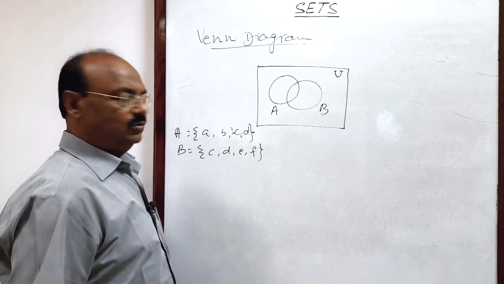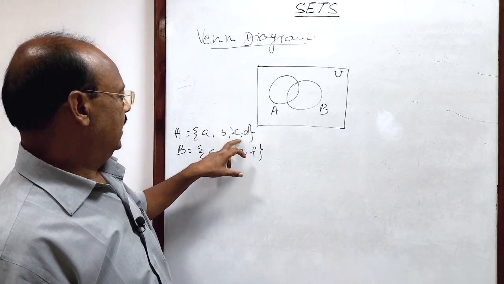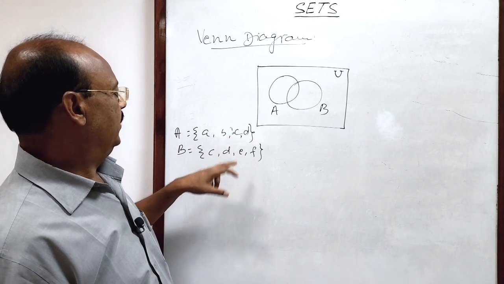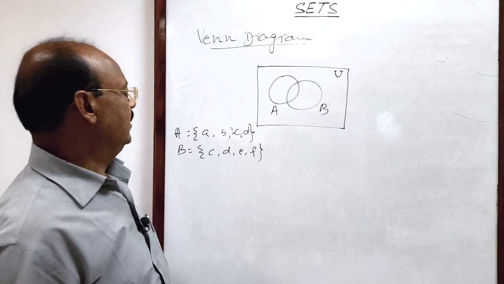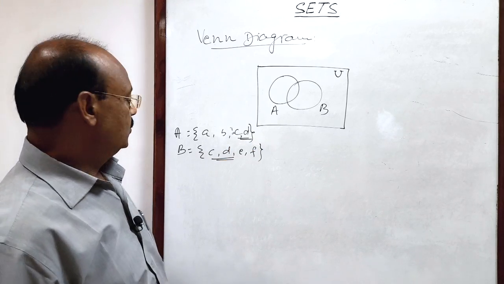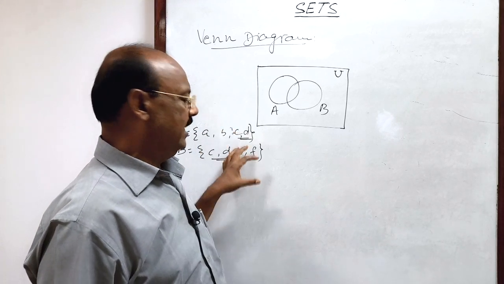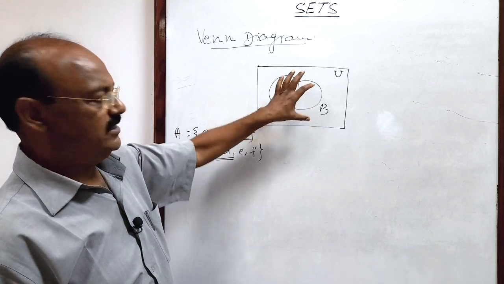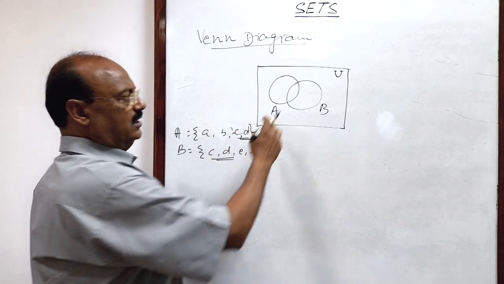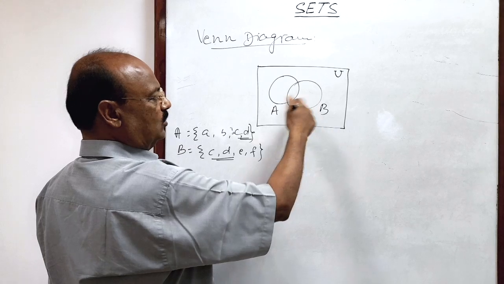Okay, so what you see here, we see that some of the elements are common in both the sets A and B, and these common elements are C and D. So if we place these elements of these two sets in this diagram, then these common elements will be placed in the common area, which is common in both the sets, both the circles.